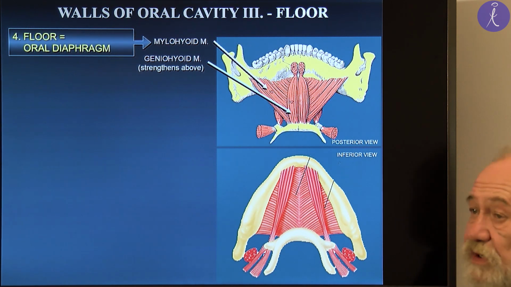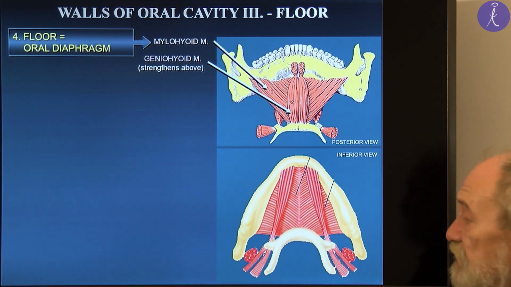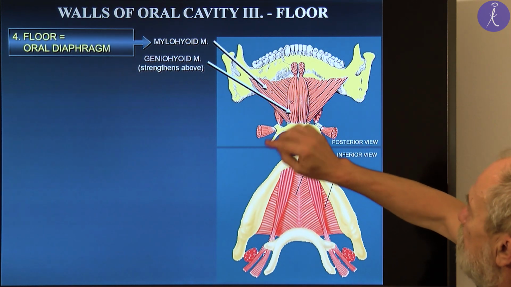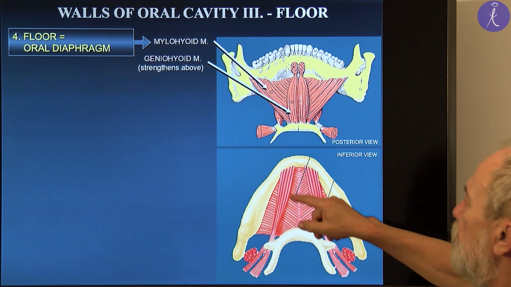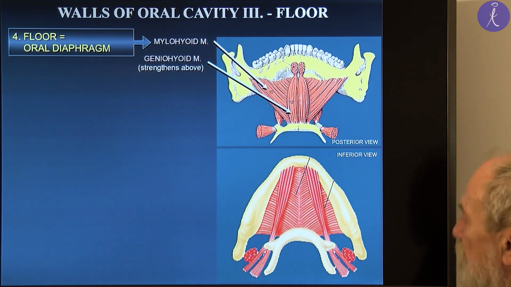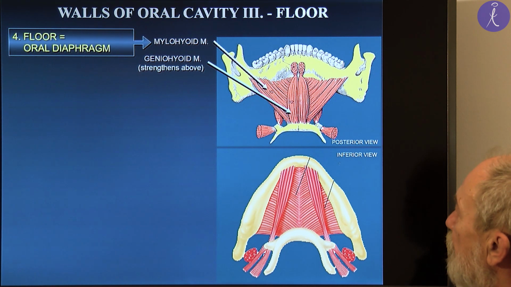That is the third raphe today. This one is the mylohyoid raphe. The most lateral fibers of the mylohyoid muscle reach the hyoid bone, giving name to the muscle. So that's why we call it mylohyoid muscle. So this is the oral diaphragm.